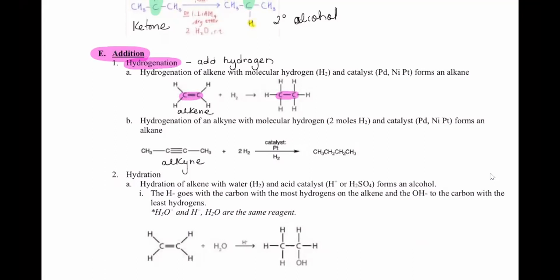The reason why these are called addition reactions is because we're going to add atoms across the double bond or triple bond. So in the case of an alkene, we are going to make an alkane, because each of the carbons that used to be double bonded is going to receive a hydrogen, one each. So we go from alkene to alkane.